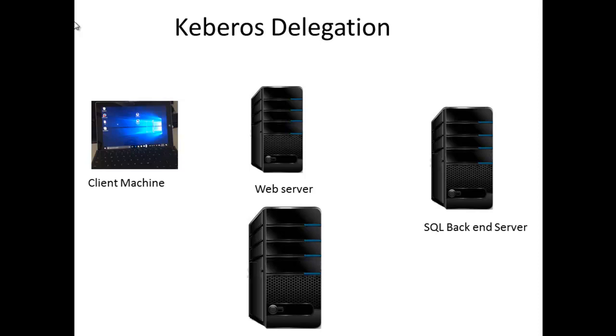So for the purpose of our session, our backend server is an SQL server. Now what we have to do is delegate the web server. And we're going to go into Active Directory and say that we want to trust the web server for delegation.